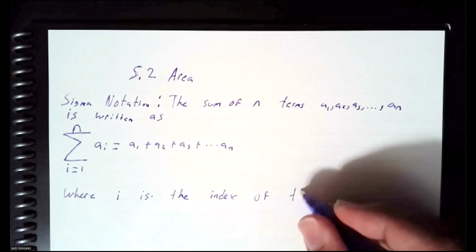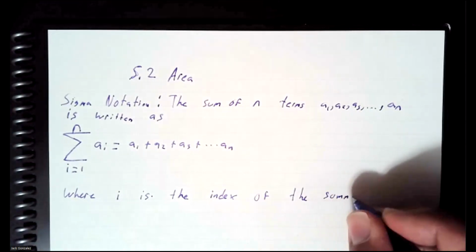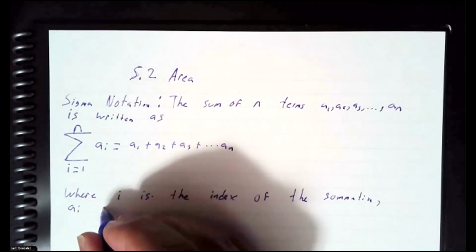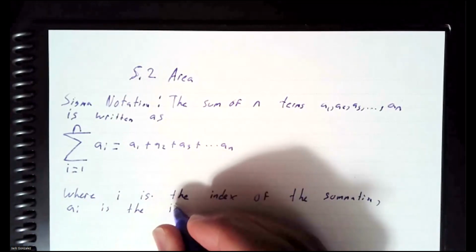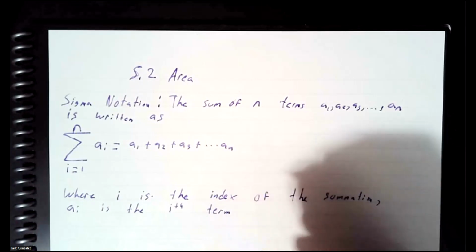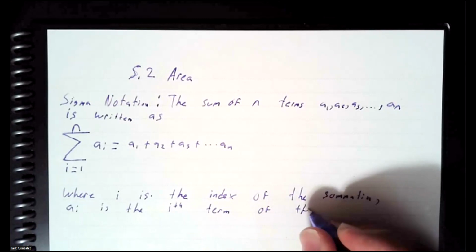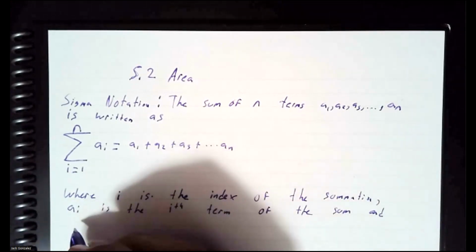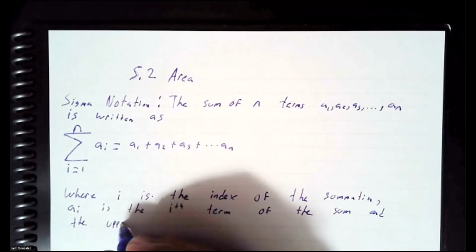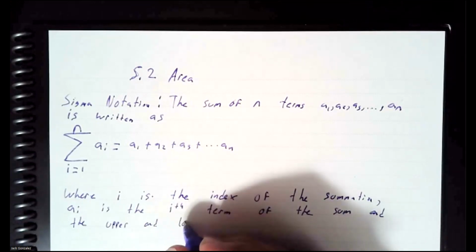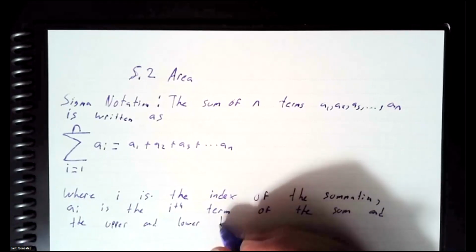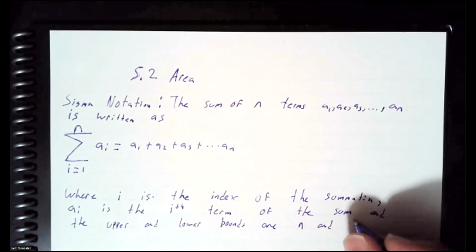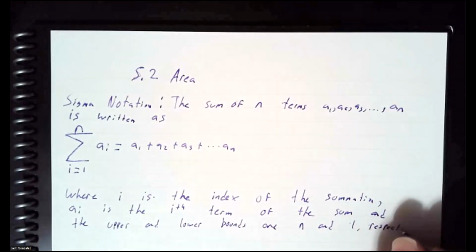So where i is the index of the summation, a_i is the ith term of the sum, and the upper and lower bounds are n and 1, respectively. Okay.